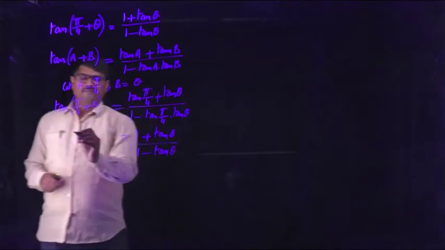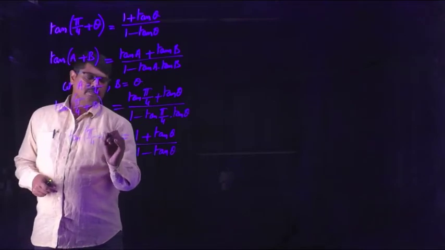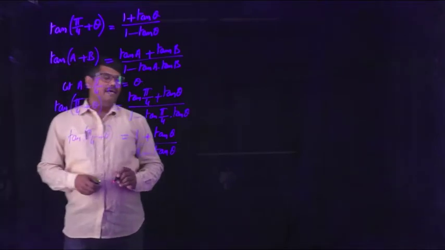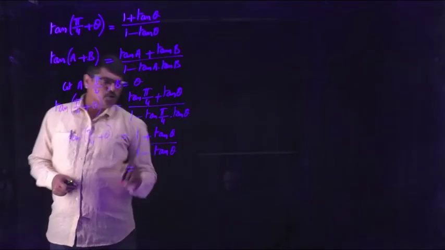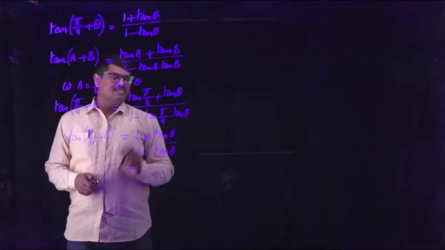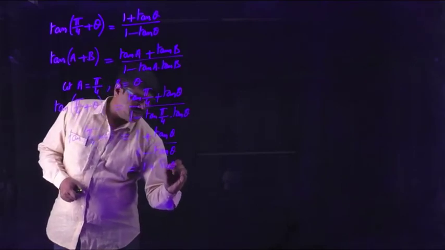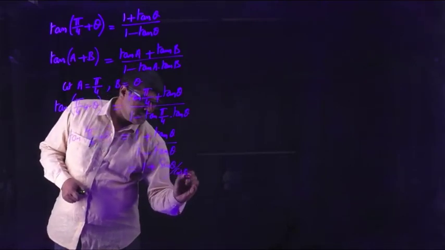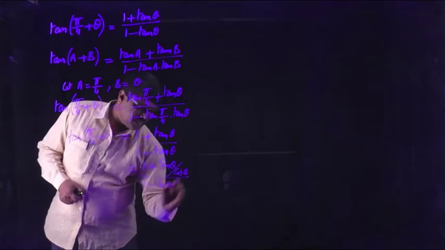So remember the formula for tan pi by 4 plus theta is 1 plus tan theta by 1 minus tan theta. Later, if you change tan theta as sin theta by cos theta, we get another format: 1 plus sin theta by cos theta by 1 minus sin theta by cos theta.